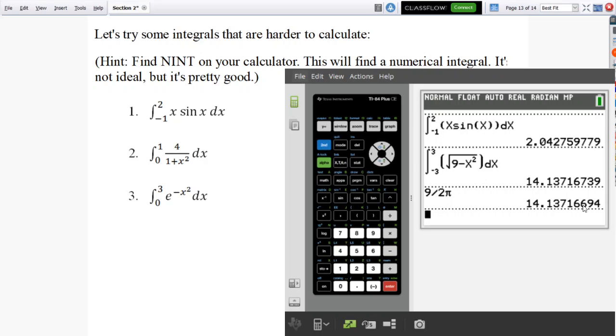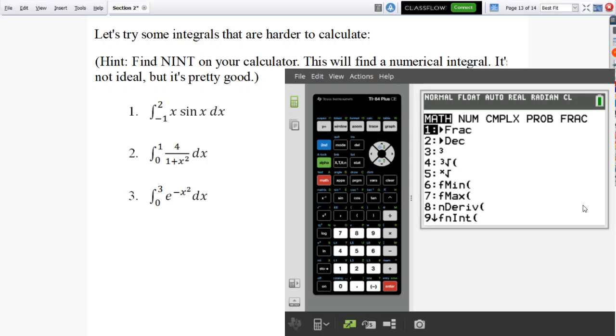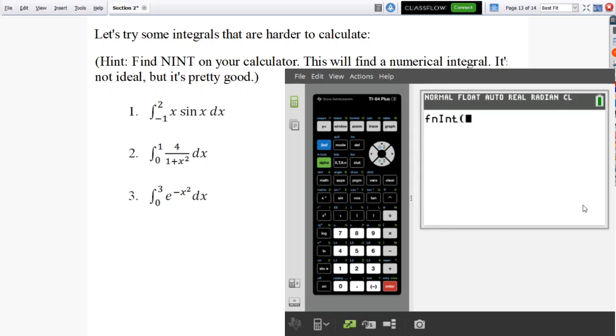Now I do know some of you have TI-83s, so let me switch my calculator over into TI-83 mode. And magically my calculator looks like it's a TI-83. Again, I go to math, and I go down to fnInt, and if you have a TI-83, it looks like this when you try to do a numerical integration. I'm just doing number 1 right here, so the integral from -1 to 2 of x sine of x dx.